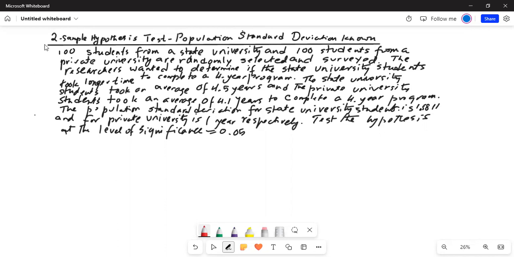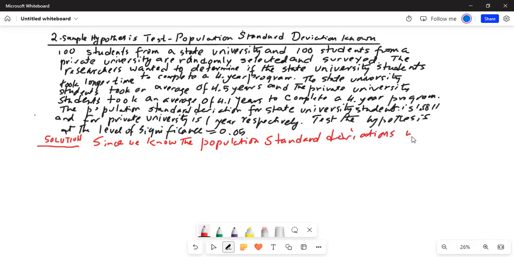Okay. So here we go. Solution. Since we know the population standard deviations, we will use two sample Z test in TI-84 calculator.